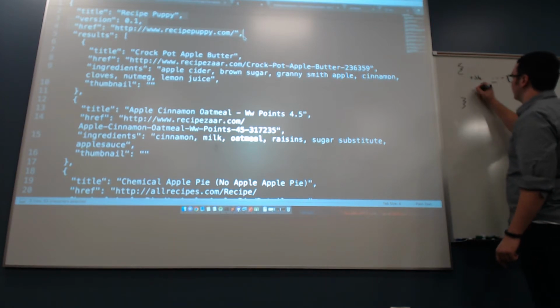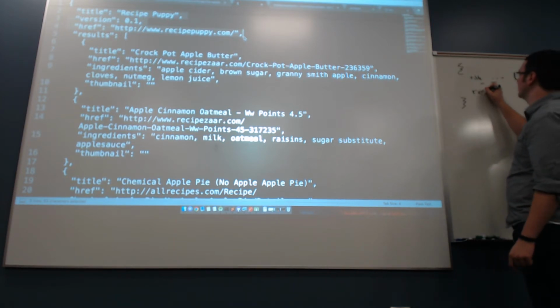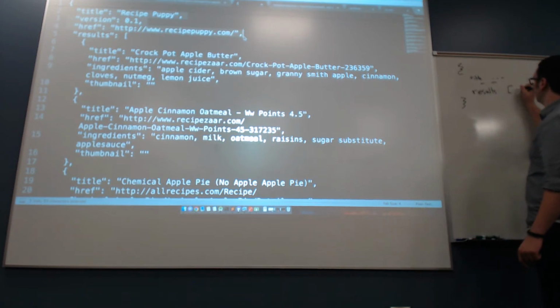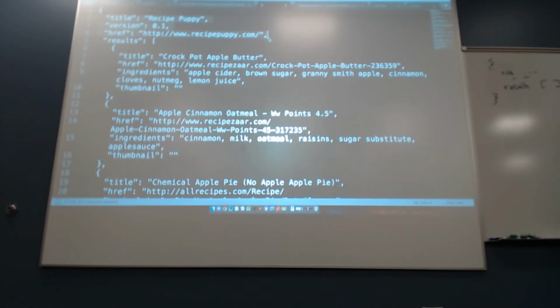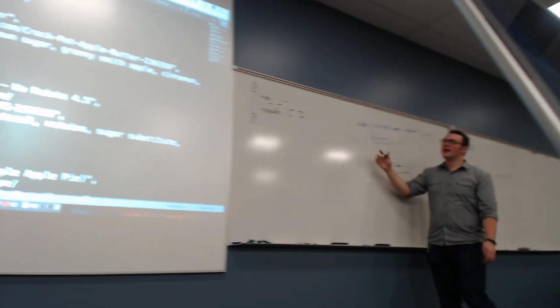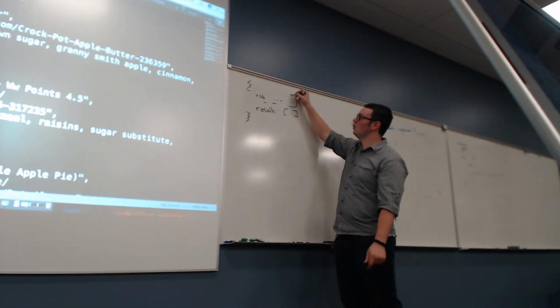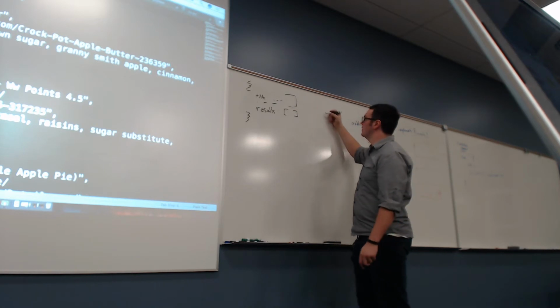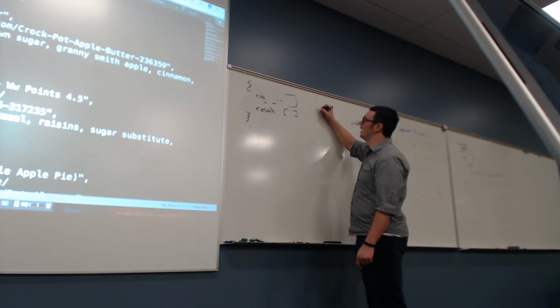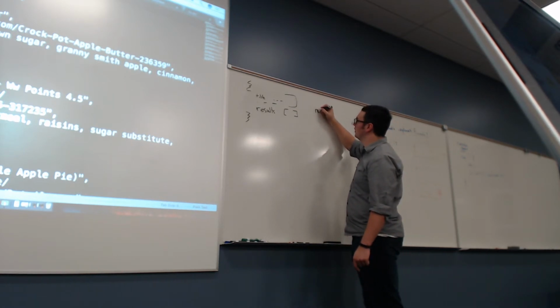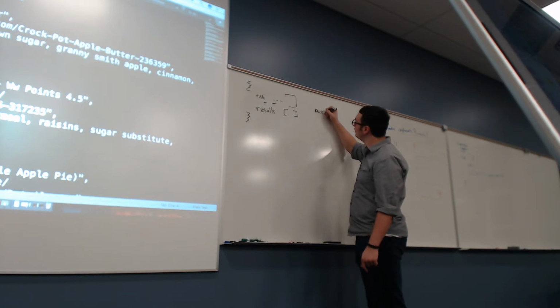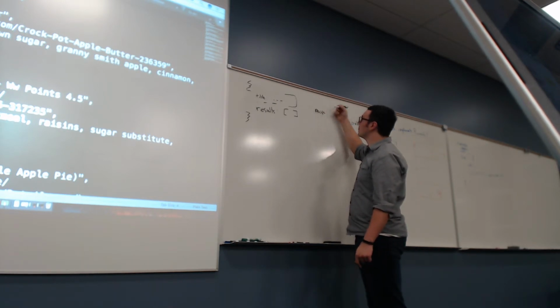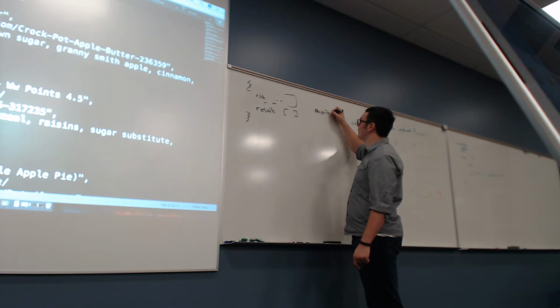I don't really care about the rest of this. And then we're doing results. Okay, so we kind of have this metadata hub here. If we want to keep it, we can. You would make a model object called recipe meta, I'm just going to shorten it to Meta.